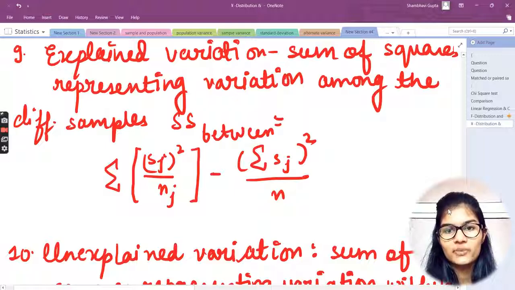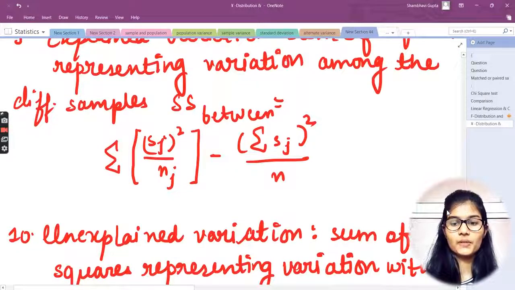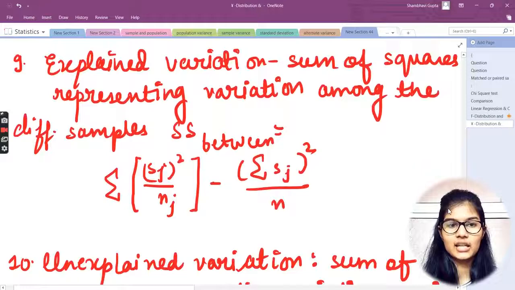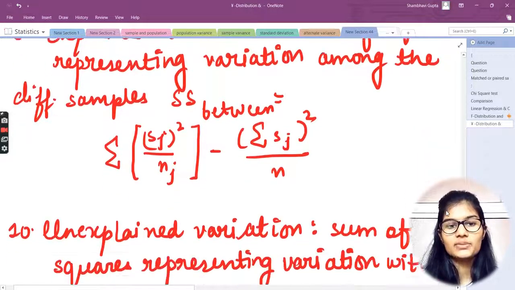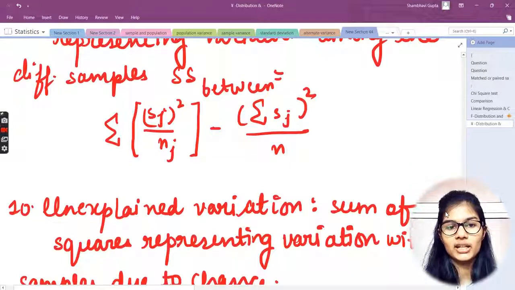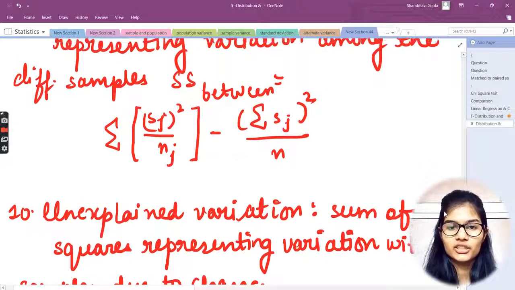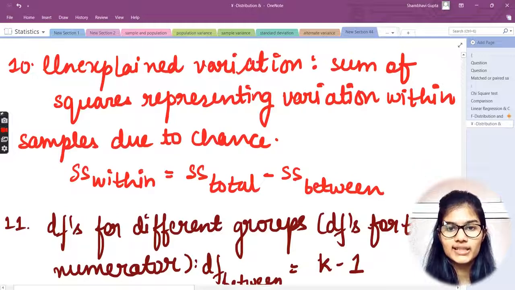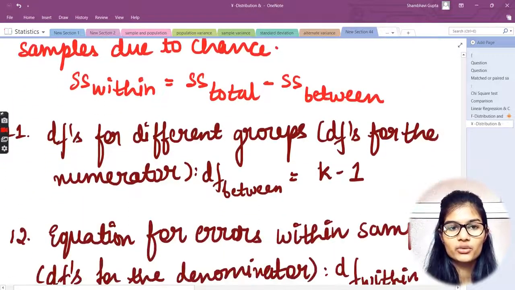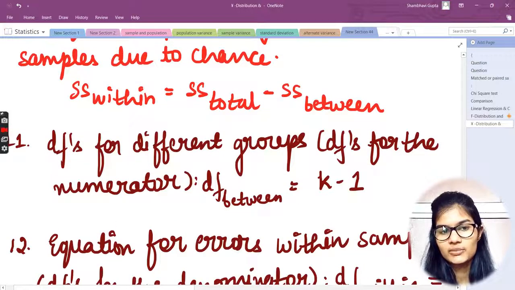Then we have the explained variation, the sum of squares representing the variation among the different samples. SS between is equal to sigma Sj whole square divided by Nj, minus, in brackets, sigma Sj whole square divided by n. Next is the unexplained variation, the sum of squares representing the variation within samples due to chance. SS within is equal to SS total minus SS between.